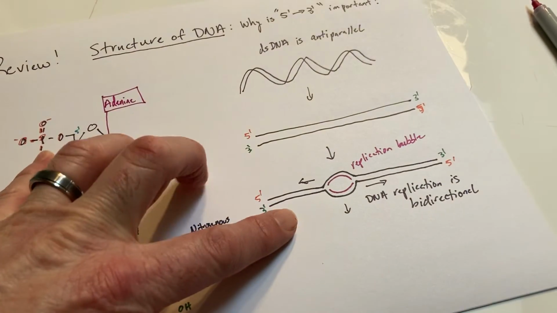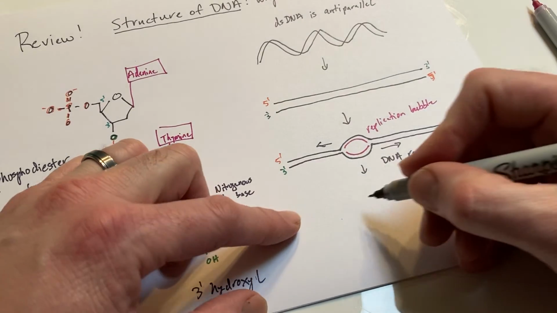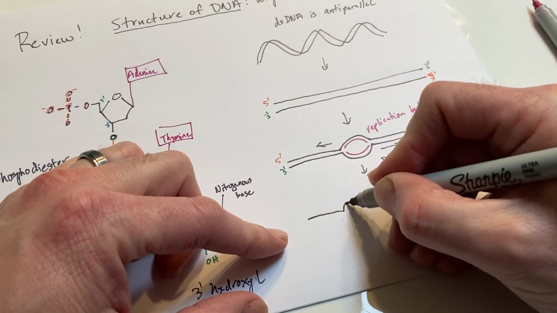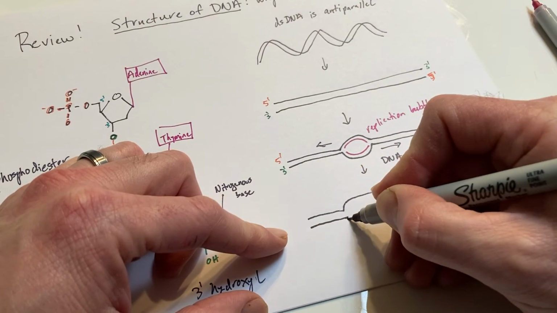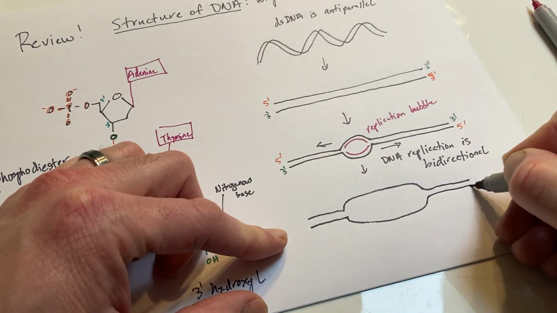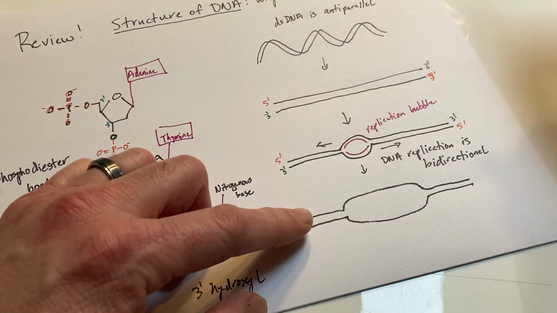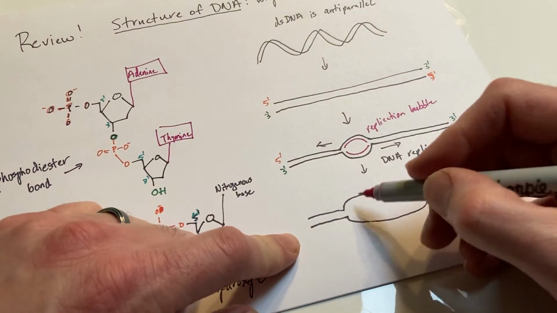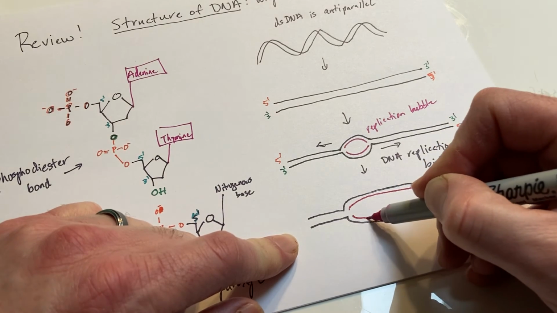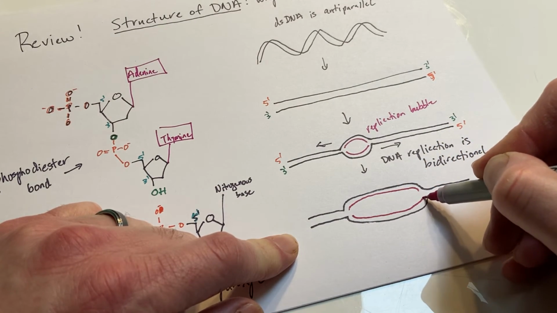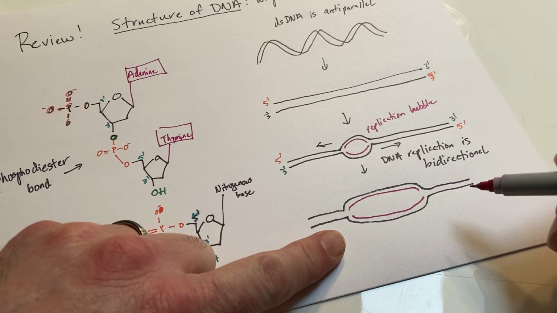All right? From that bubble, it spreads outward. Okay? So I'm going to draw this bubble a little bit longer. And, all right, does it make sense that now that that bubble's a little bit longer, our newly replicated DNA is also a little bit longer, right?